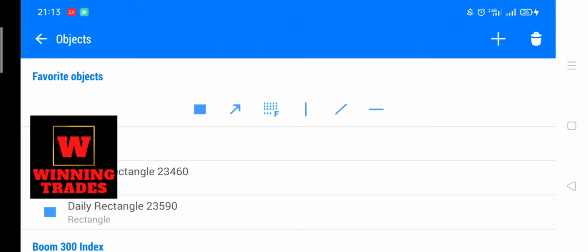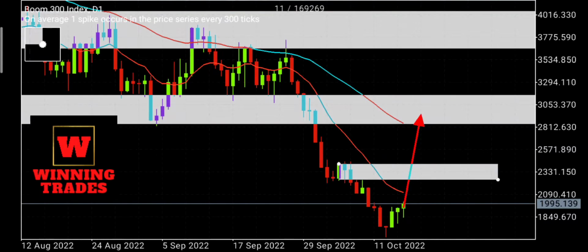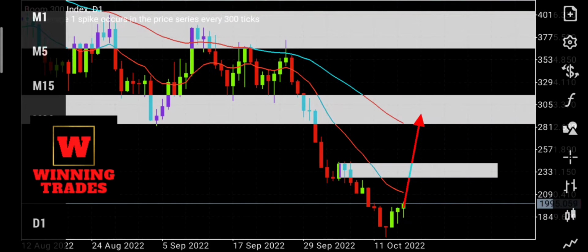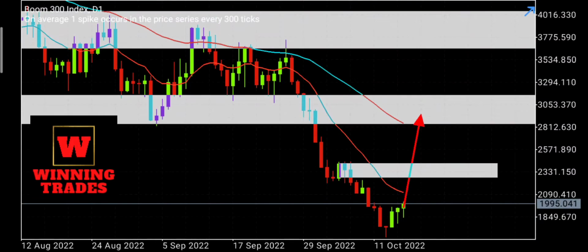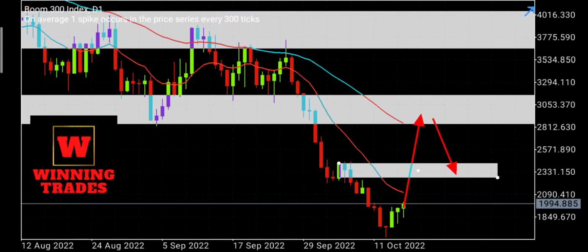Then there's a daily resistance here, so price may likely break that and then come back to retest it, and then it may likely go all the way up to this point to retest this. So this is one option that we have, which supports a buy.